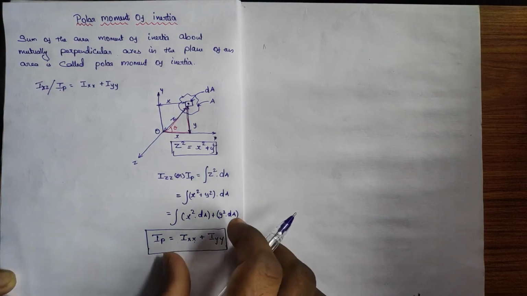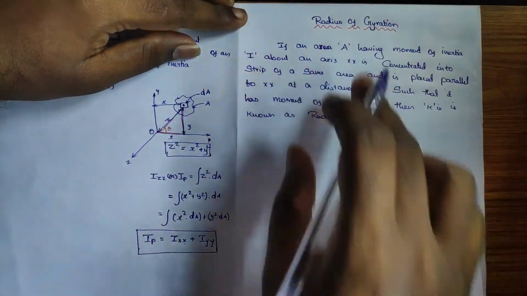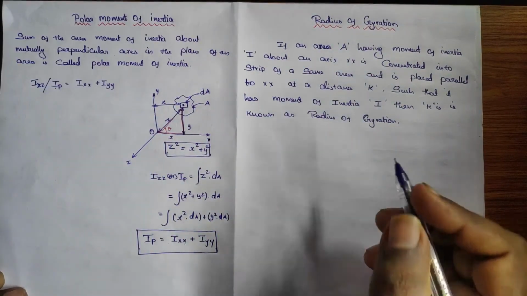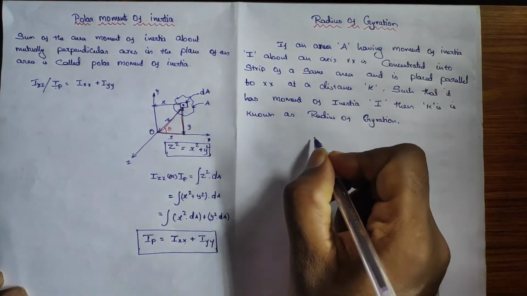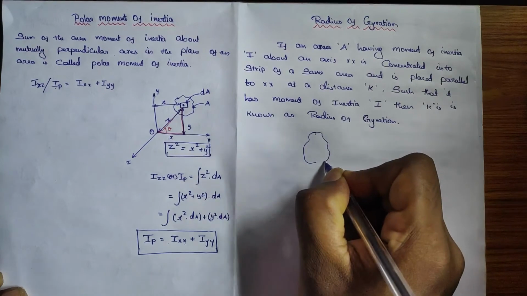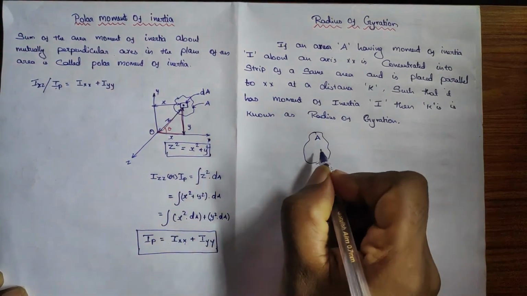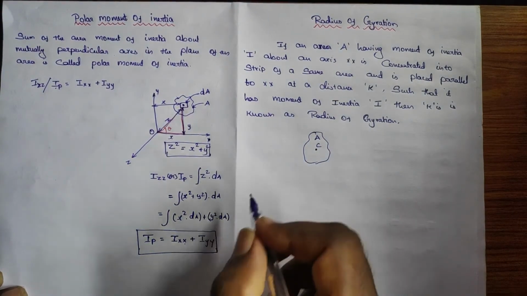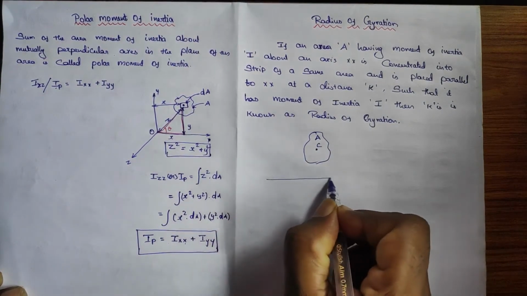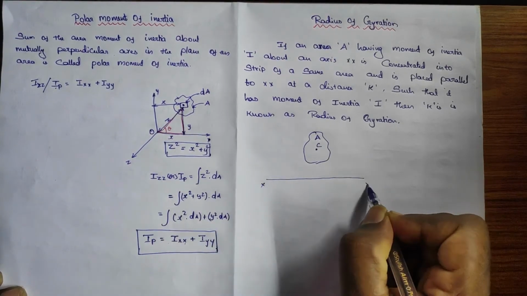Okay, fine. Let us move to the next one, which is the radius of gyration. To understand it, I will start with an example. Consider an area A, with a point which is its centroid, and a parallel line which I consider as XX.